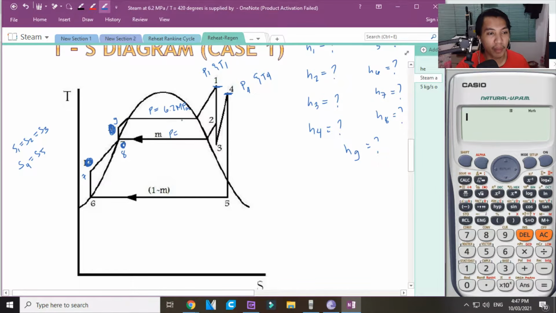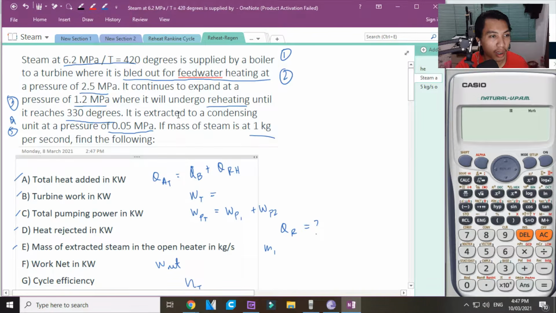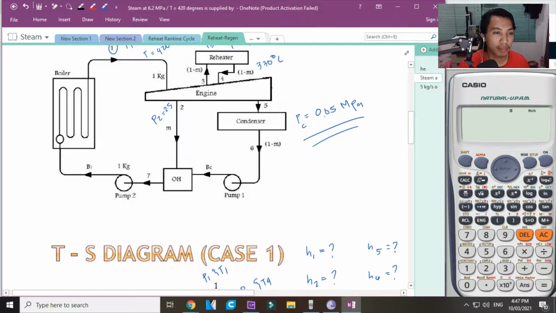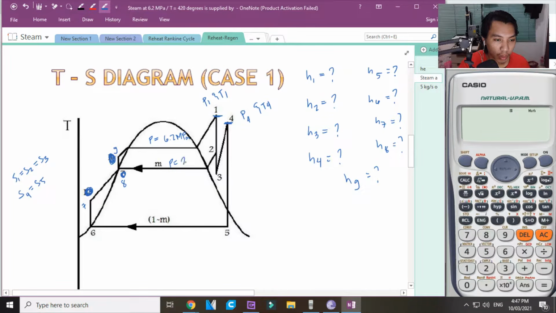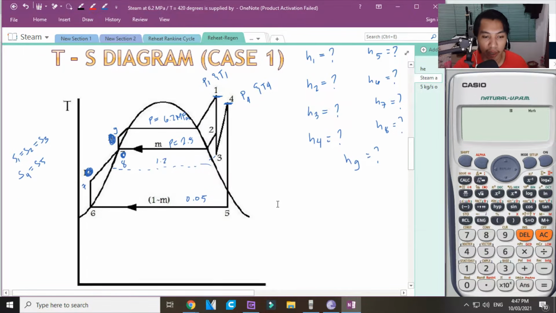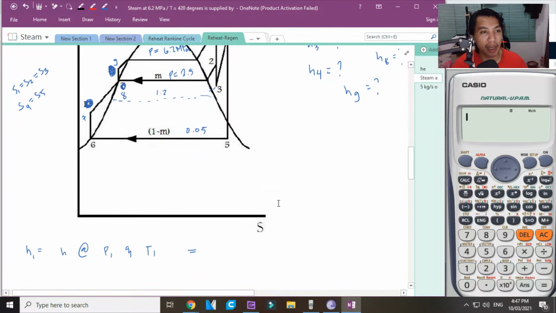Nilabas ng feed water at 2.5. Ito yung 3. Ite-trace mo dyan yung 3. I think this is 1.2. This is 0.05 MPa. Basihan nyo lang talaga yung TS diagram natin.